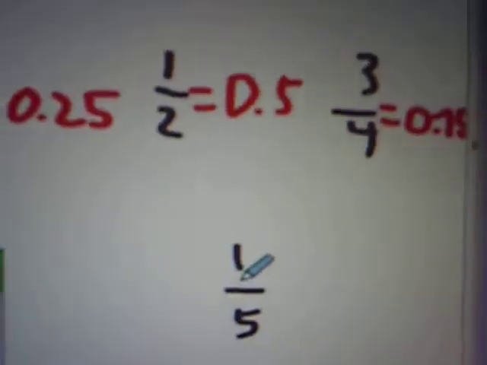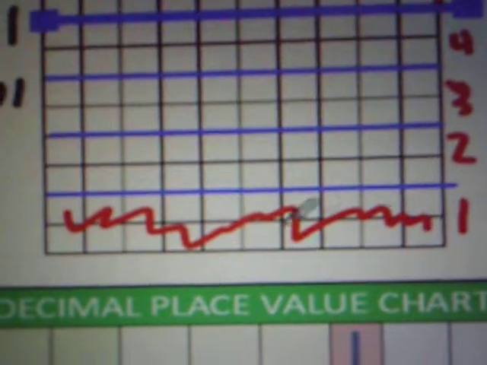All I have to do now is count the hundredths or the tenths in each group. I'm looking for 1/5, so I'm simply looking for one of these groups. So let's just shade in one of them.